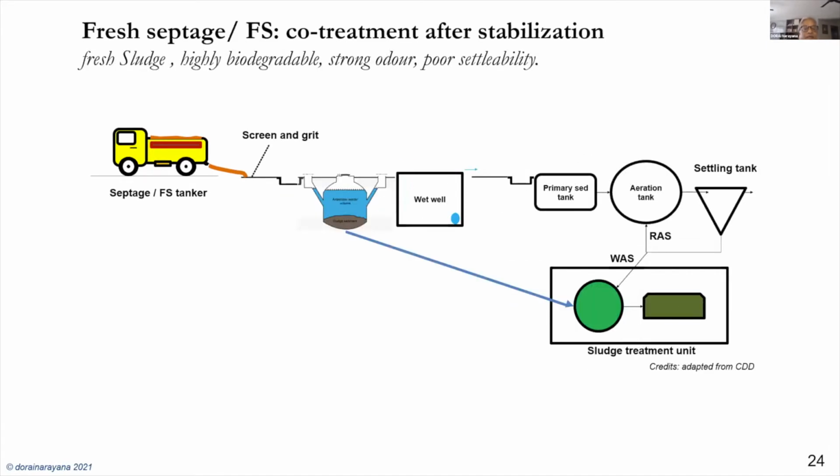The second one here is for fresh septage or fecal sludge. This is highly biodegradable, and you may need a stabilization step here. This could be a digester or a stabilization tank where the incoming sludge is settled and digested. And only after that, the liquid is co-treated, right? And the solids could be co-treated in the solids part of the treatment facility.